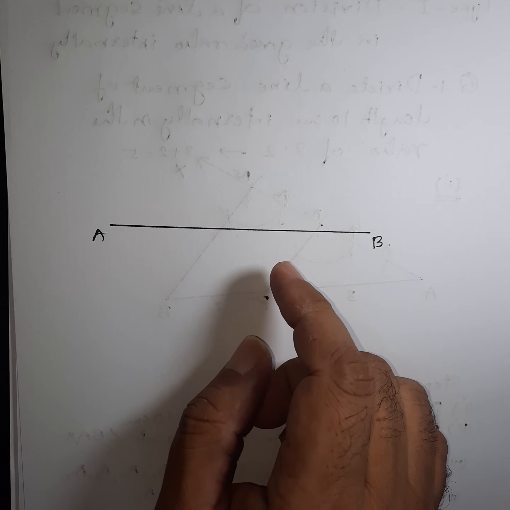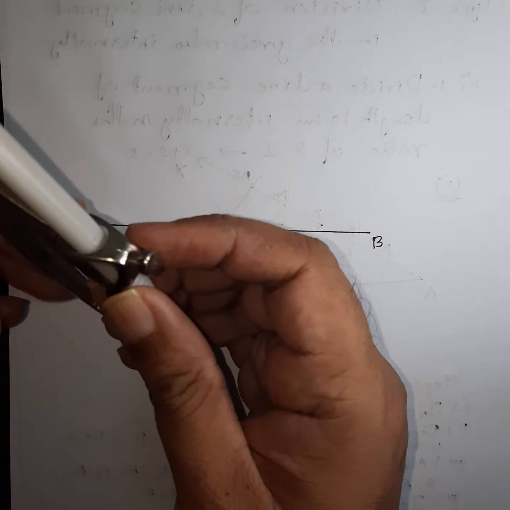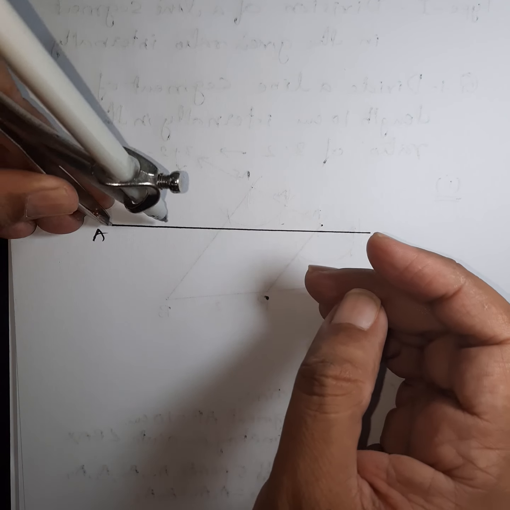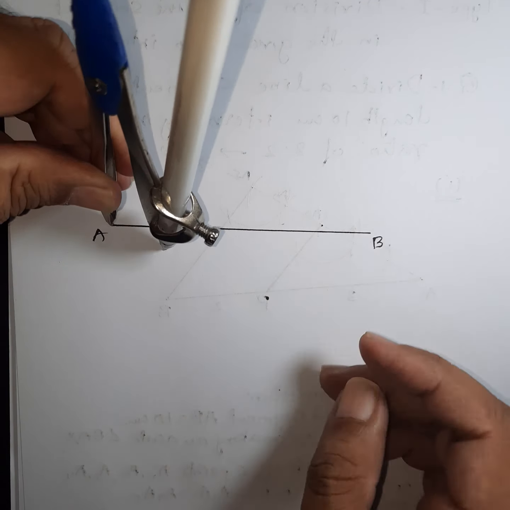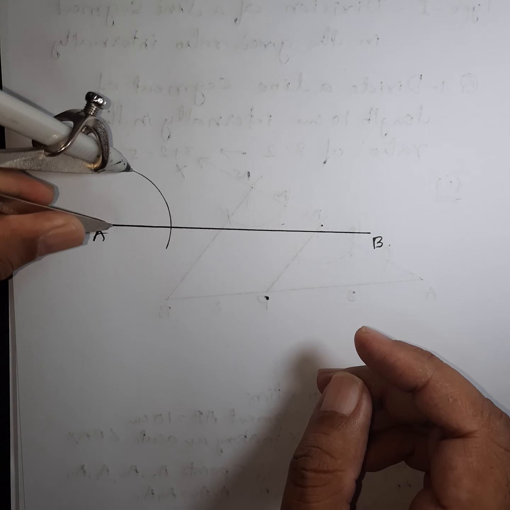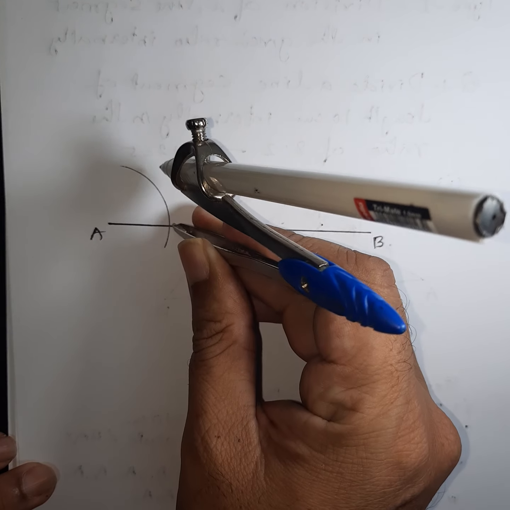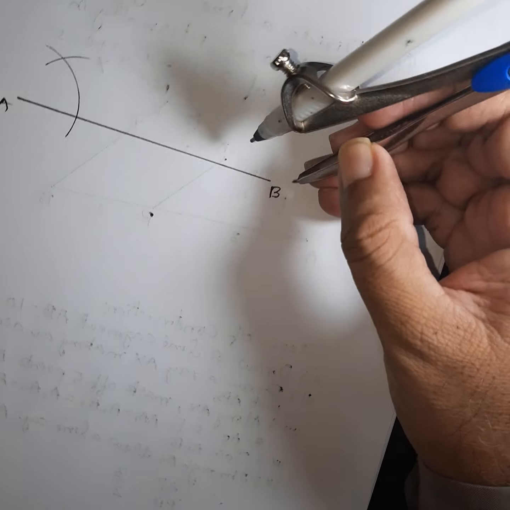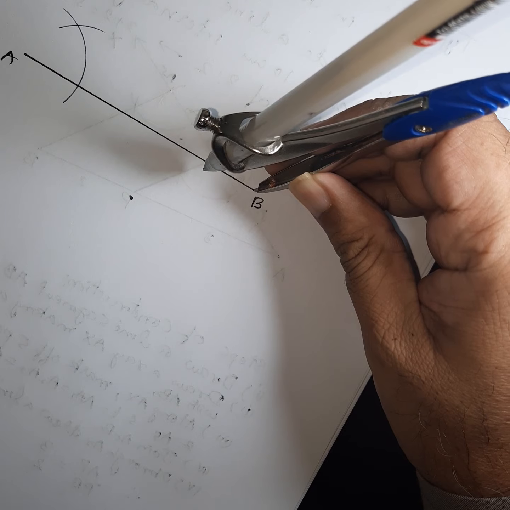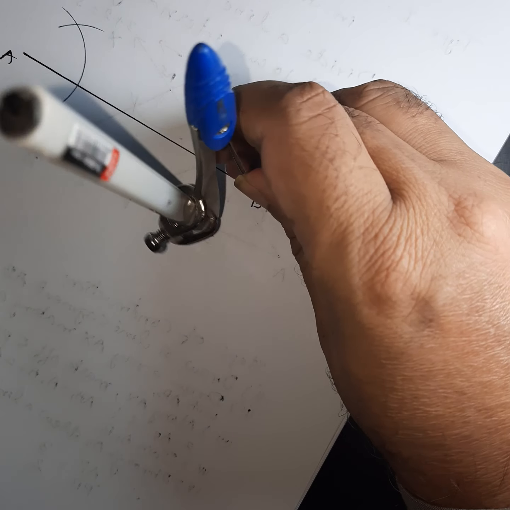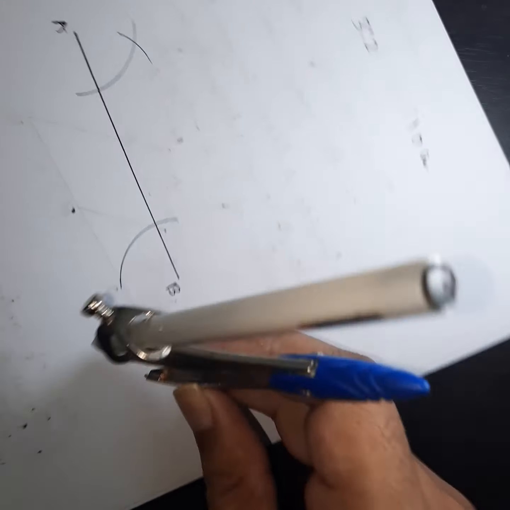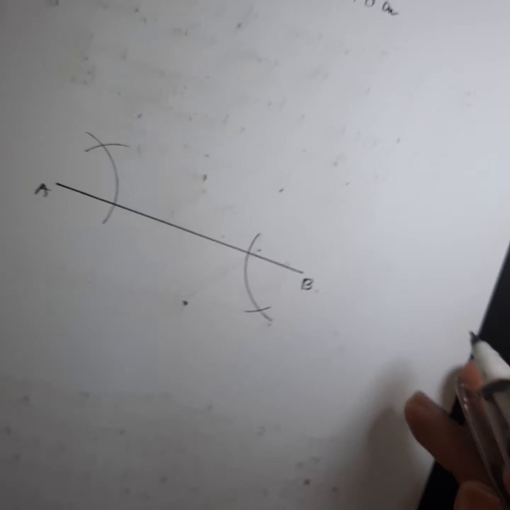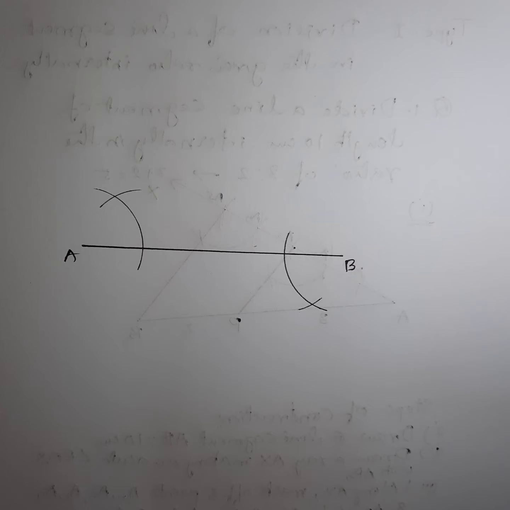Since you have to draw the same angle, it is better to take 60 degree, because sometimes the measurement may differ, and in 60 degree it is easier to draw. So let us take 60 degree here, and also 60 degree here. On both sides take 60 degree. It is not necessary to take 60 degree, but this is my suggestion because it will become easier for you to draw.